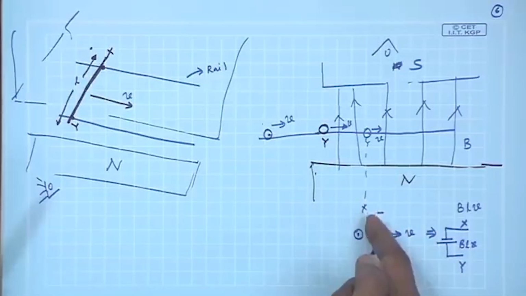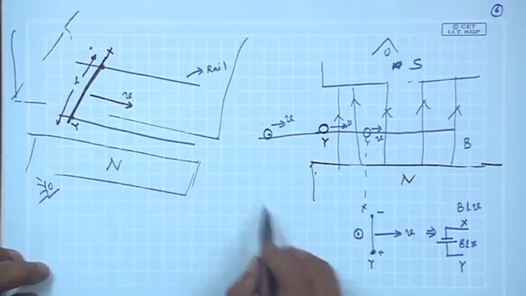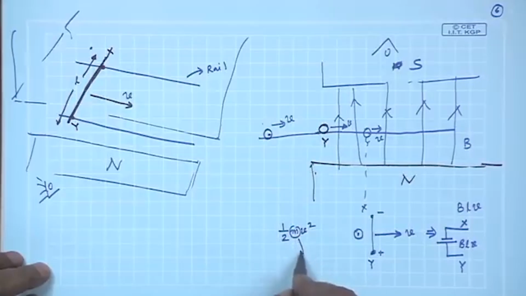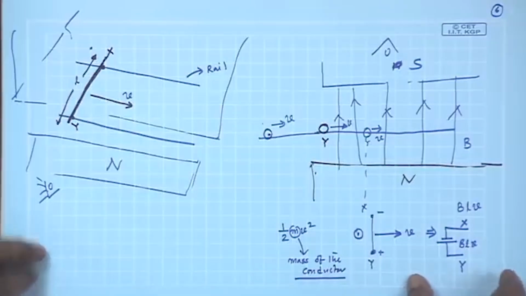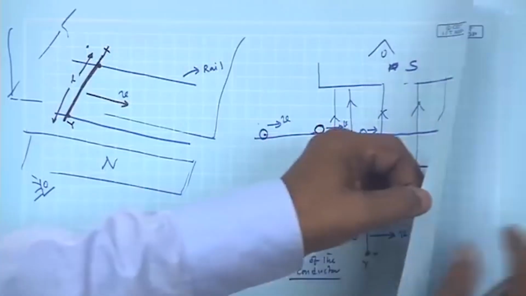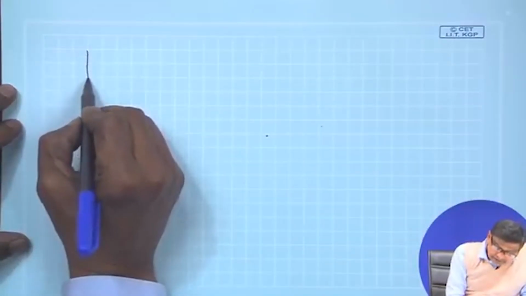Although this conducting bar has kinetic energy associated with it, and the value of the kinetic energy will be half m v square, where m is the mass of that conductor. Okay, this is the thing. Therefore, that is the simplest generator. So, once again I draw it and write this down.